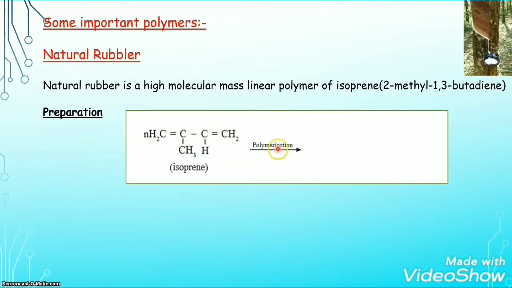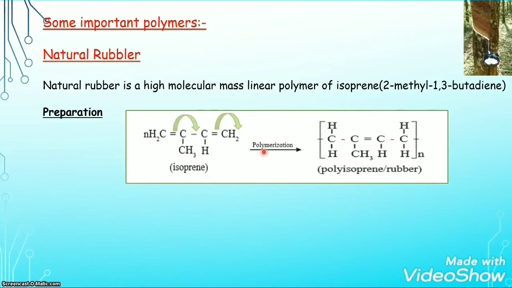For this polymerization process, we are taking n number of isoprene units. During this polymerization process, the double bonds which are present in the isoprene units will break open and allow the large or multiple isoprene units to link with each other or form a bond with each other.